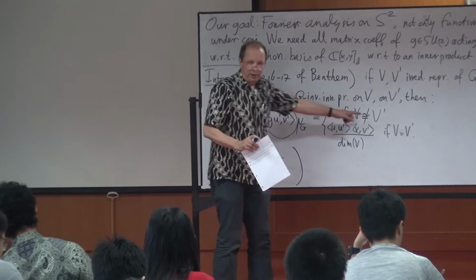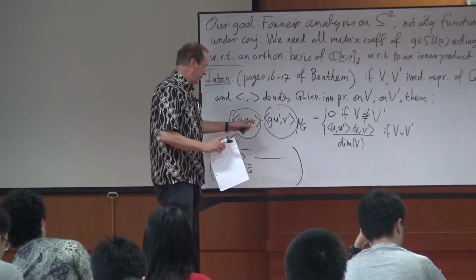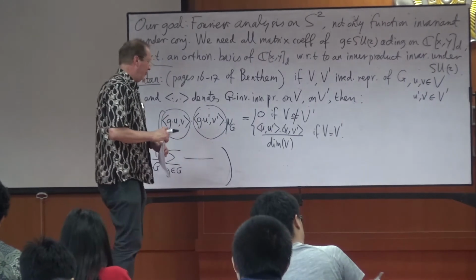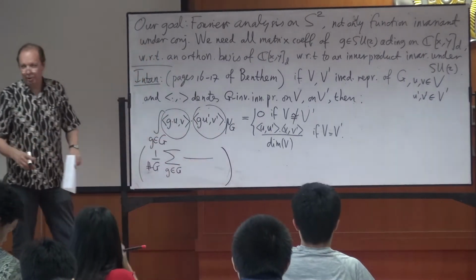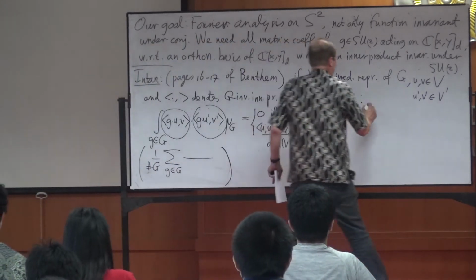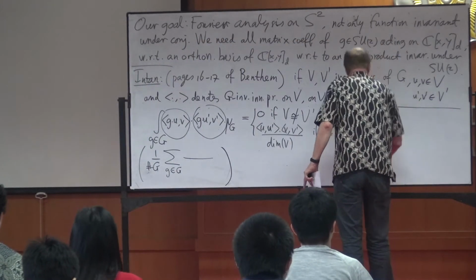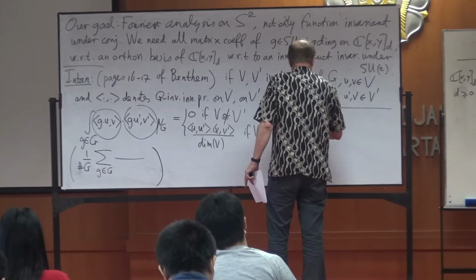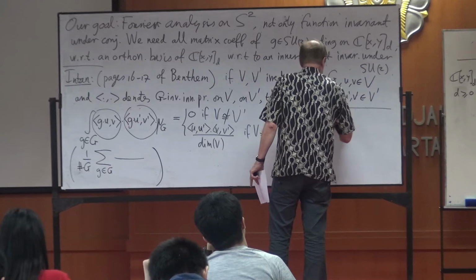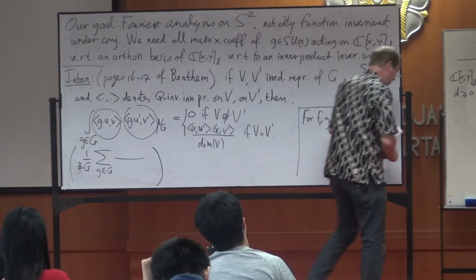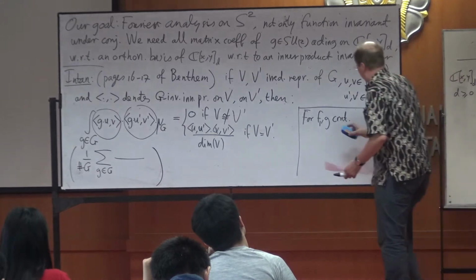Suppose that V is not isomorphic to V prime, then this says that these two functions are orthogonal in the space of all functions, because the inner product, I don't know if we have talked about that already, but you can look at, for f1 and f2 continuous, where g denotes an element of the group.